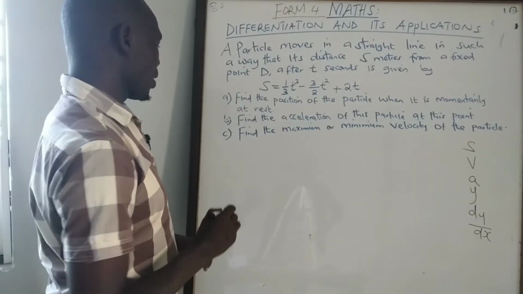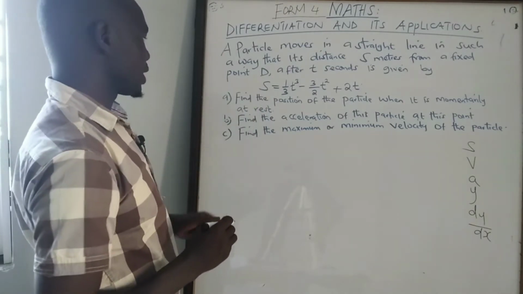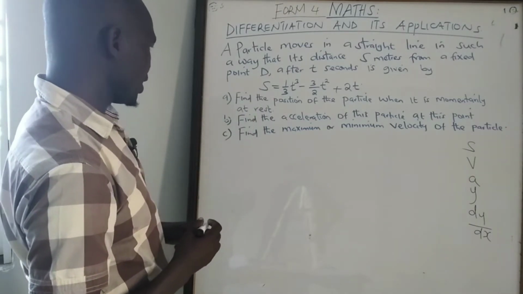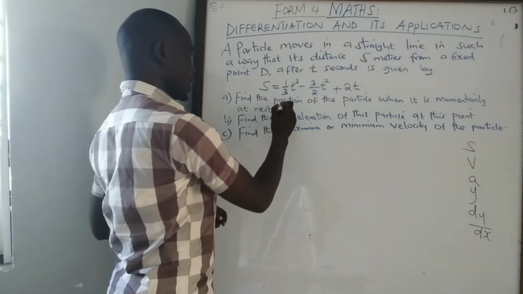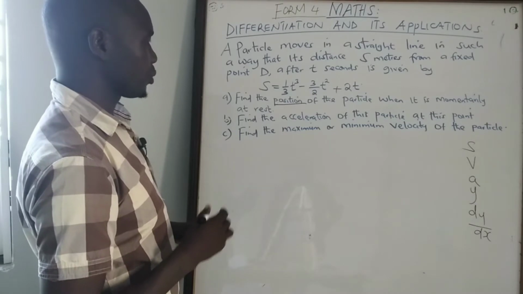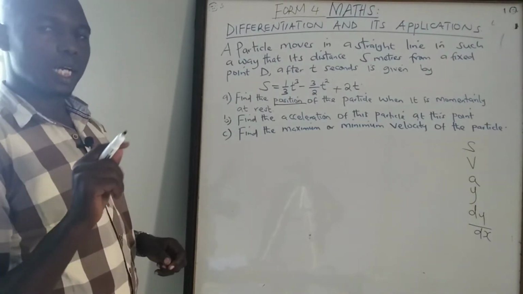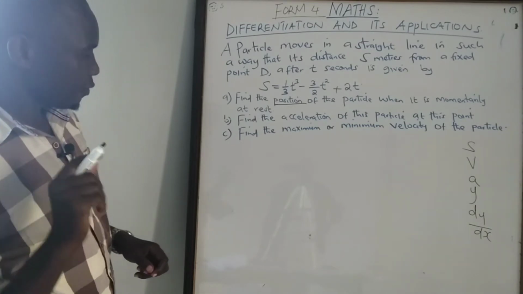From here, we have been given the displacement function, which represents distance, and we are supposed to calculate the position or the distance of the particle when it is momentarily at rest. When the particle is at rest, it means it has zero speed or zero velocity.